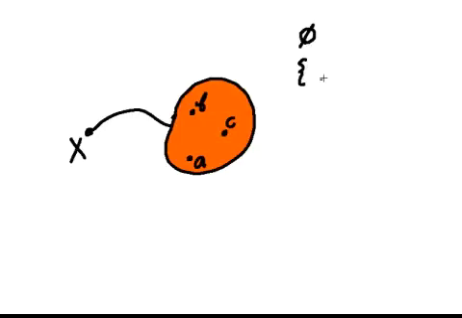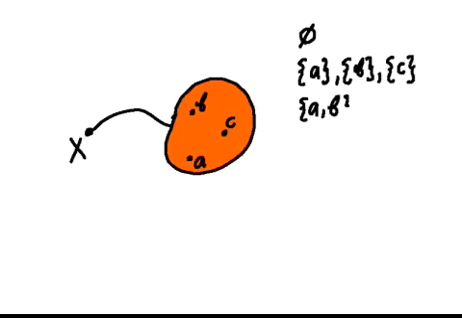And then we have a grouping of a single element, and there are three such. The set whose element is a, the set whose element is b, and the set whose element is c. And then we have groupings that have two elements, ab, bc, and ac.